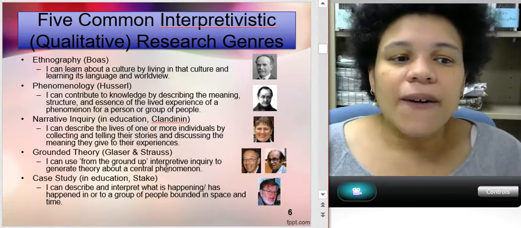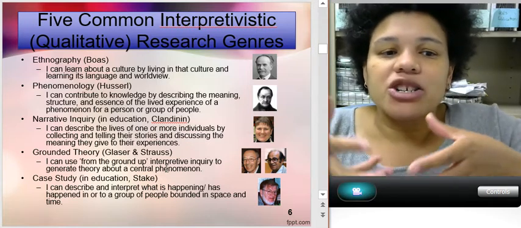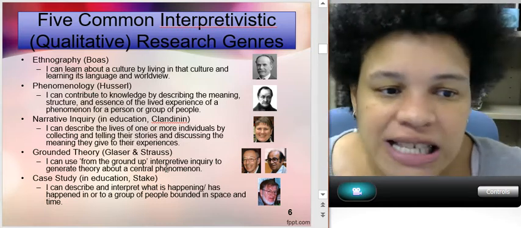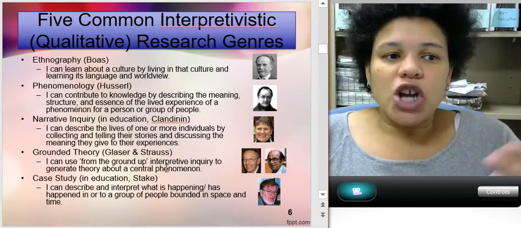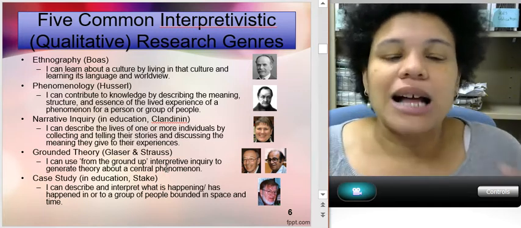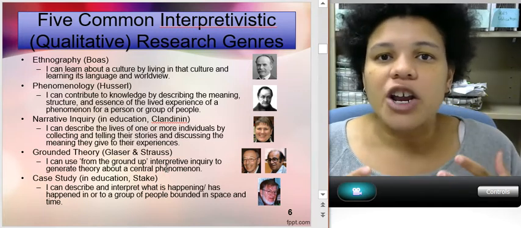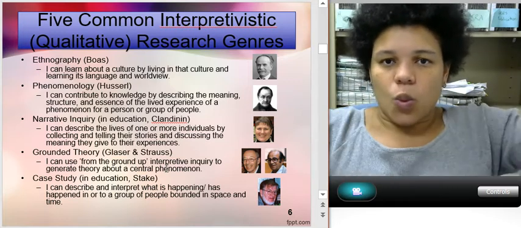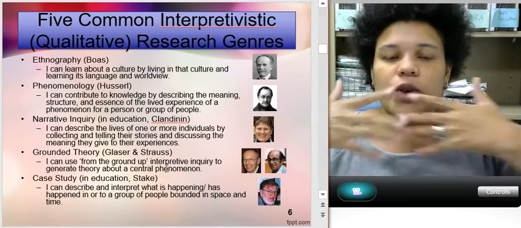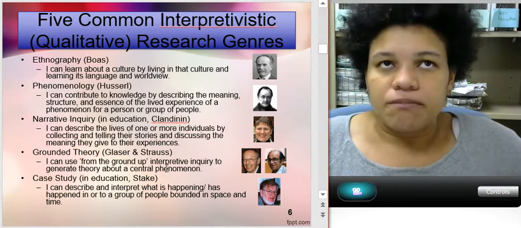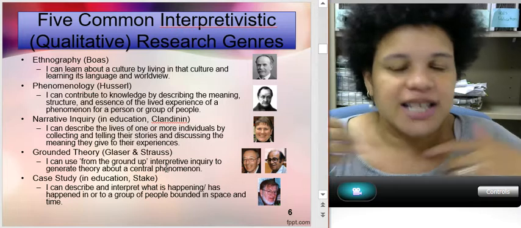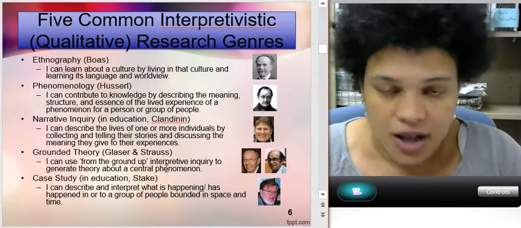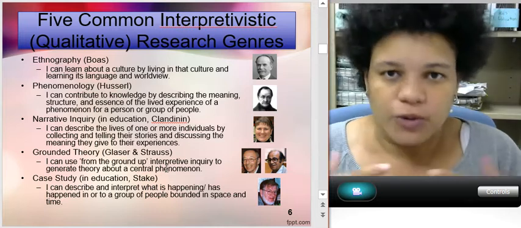Grounded theory, Glaser and Strauss. I can use from the ground up interpretive inquiry to generate theory about a central phenomenon. So when we're talking about ethnography and phenomenology and narrative inquiry, they're focused on describing what the researcher sees, experiences, hears while they are in a particular setting or working with a particular group of people, right?